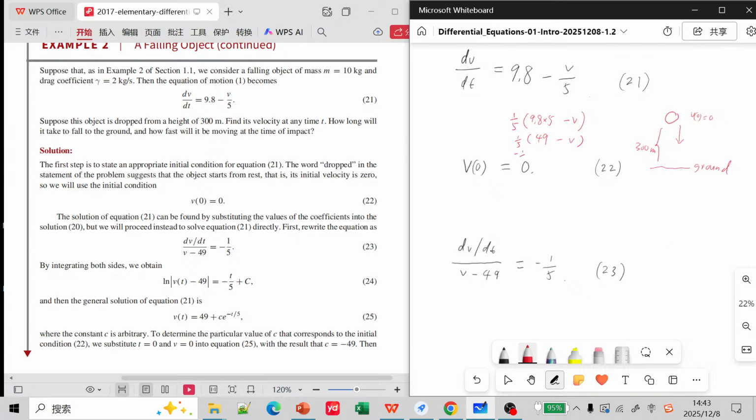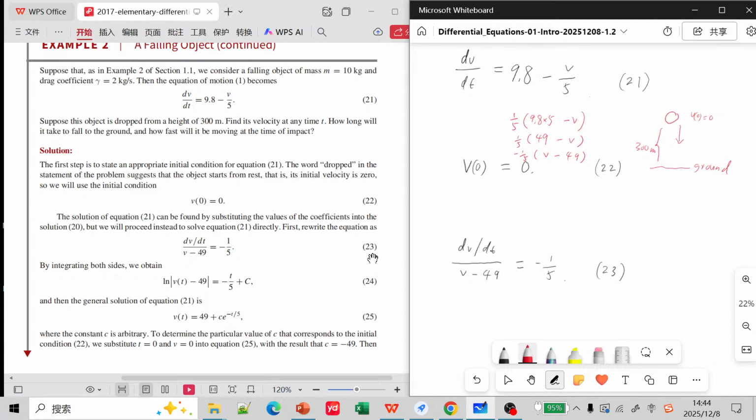That is minus 1 over 5, and here is v minus 49. So these three expressions are all equal to each other. Now we can divide by this term. Lastly, we get dv over dt divided by v minus 49, and it will be equal to minus 1 over 5.